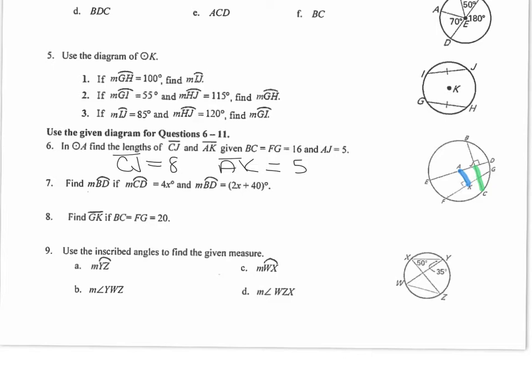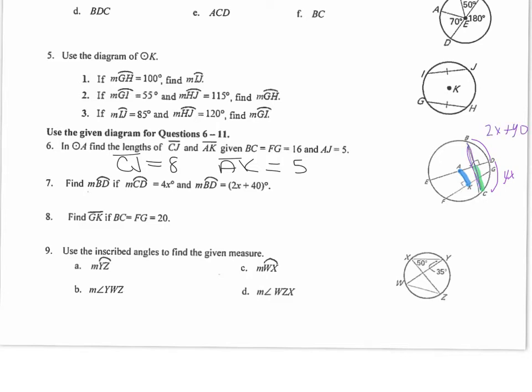All right, so erase this. Let's look at the next one. So it says if arc BD is 4x. Oh, I'm sorry, if I could read, that would probably be helpful. So it says find BD if CD is 4x and BD is 2x plus 40.